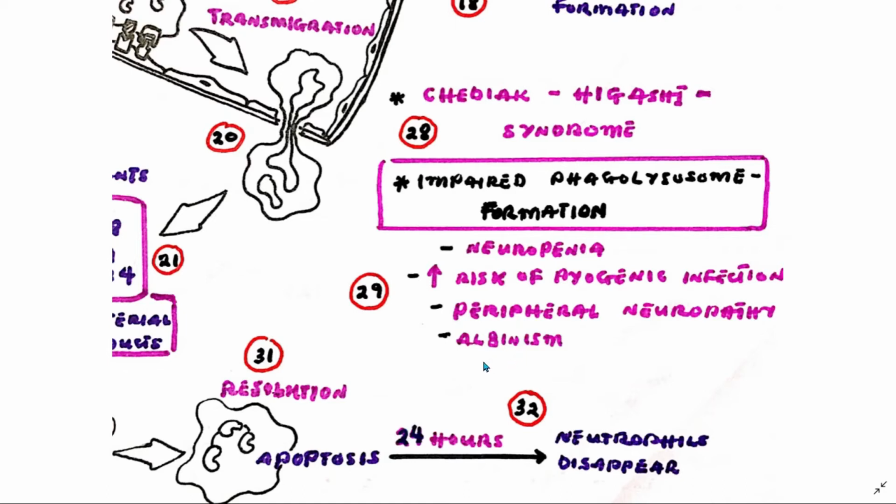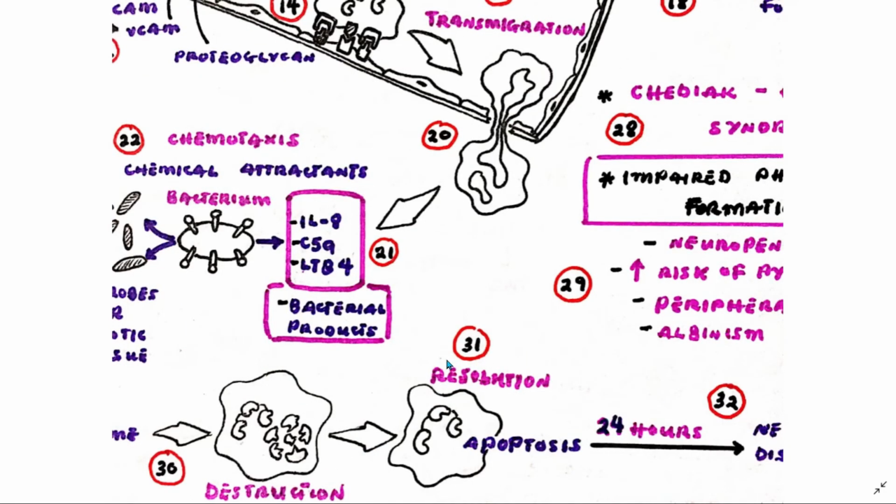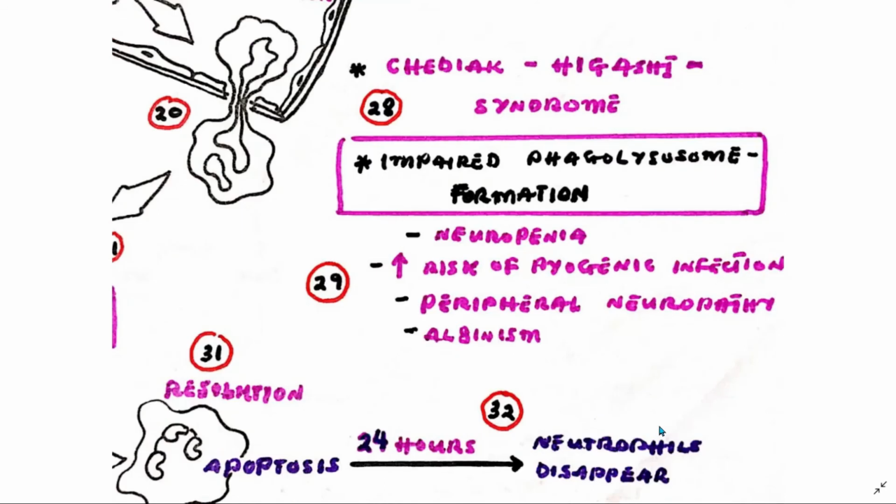Now, step 6 of the neutrophils' movement involves the destruction of the phagocytosed material. This is followed by step 7, which involves resolution. Now, neutrophils undergo apoptosis and then disappear within 24 hours after the start of the inflammatory stimulus.